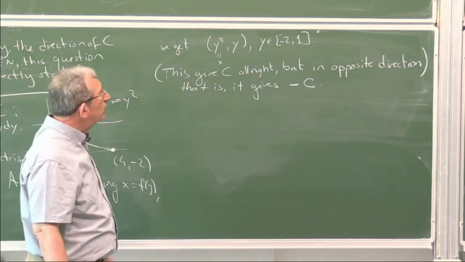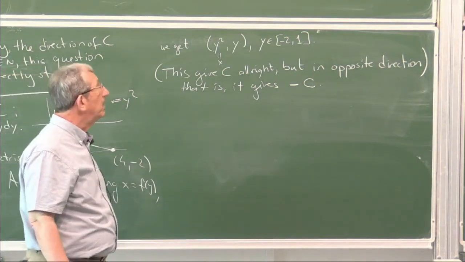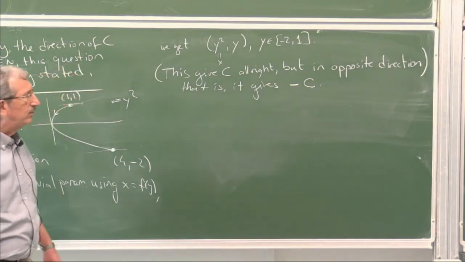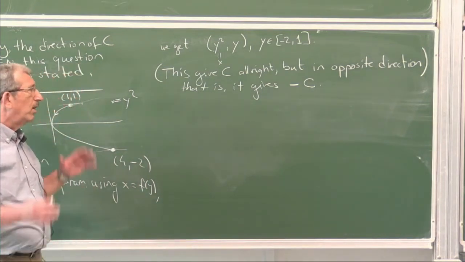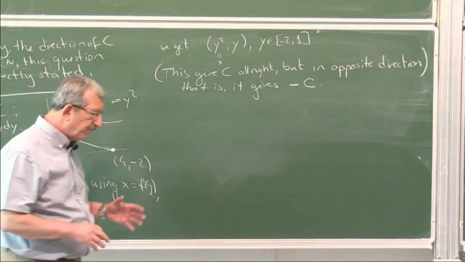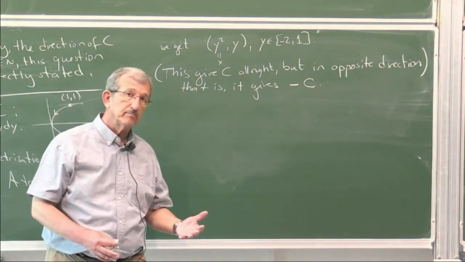What could we do in this situation? There are two things we can do. We can look for a parametrization for C directly, not use this one.